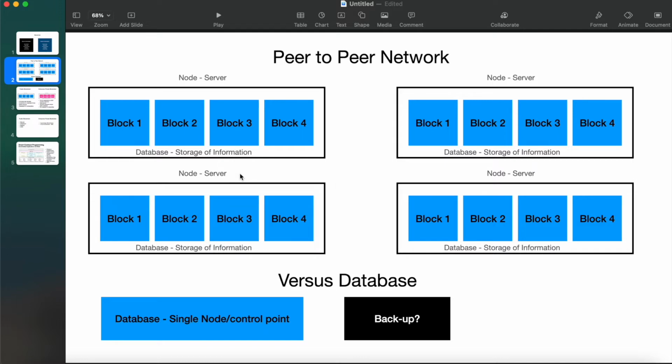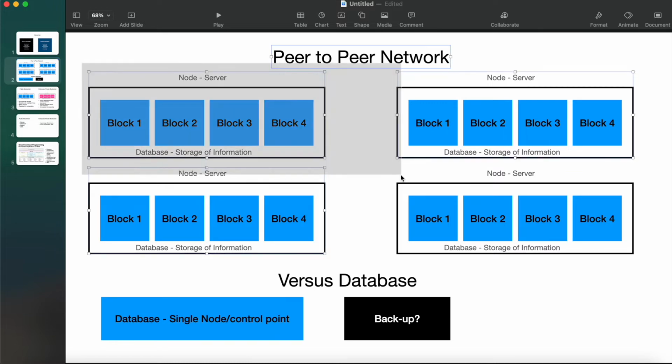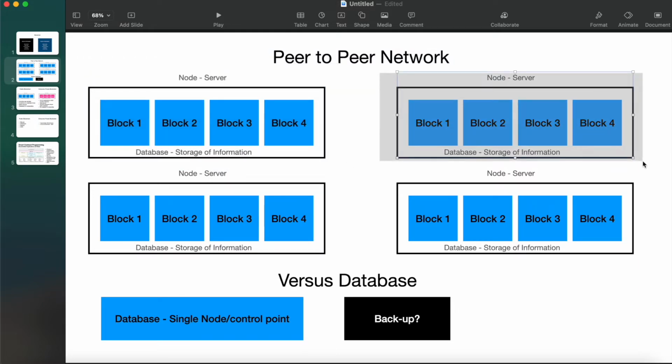The best way to answer it is a blockchain is a distributed database. All right? It is a database. This is one database. This is another database. This is another database.